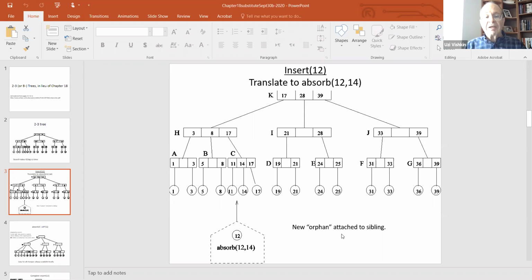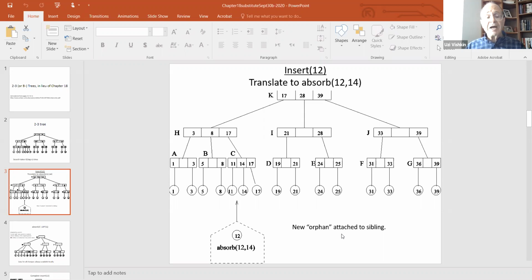Okay, so I'm going to demonstrate it on this example, where what I ask you to do is to insert the value 12 into this 2, 3 tree. And I'm going to demonstrate the insert algorithm using this example. So what will be the idea? The idea is that you start with a search.